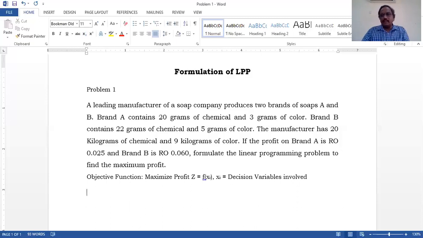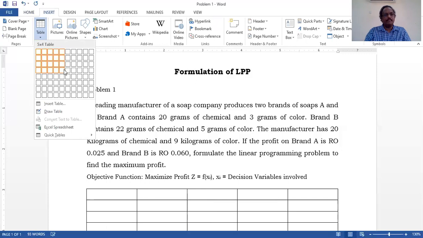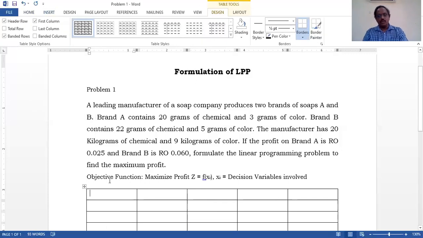Now we have to identify the decision variables. How to identify them? For my comfort, I am going to form a table so that it is easy for us to formulate the problem. So what is given here?